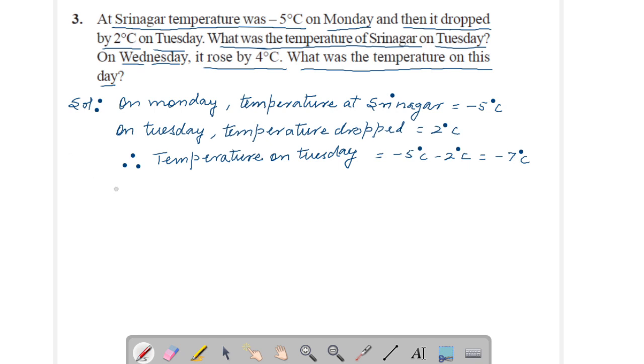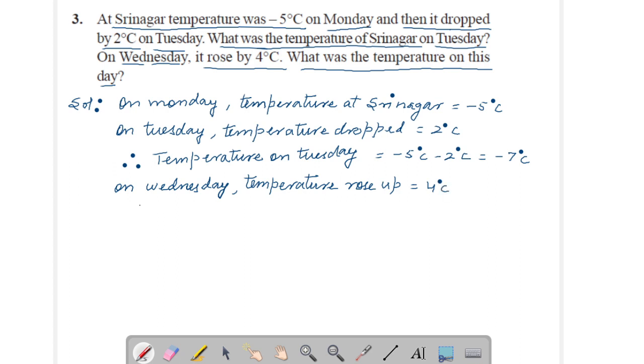On Wednesday, temperature rose up by 4 degrees Celsius.